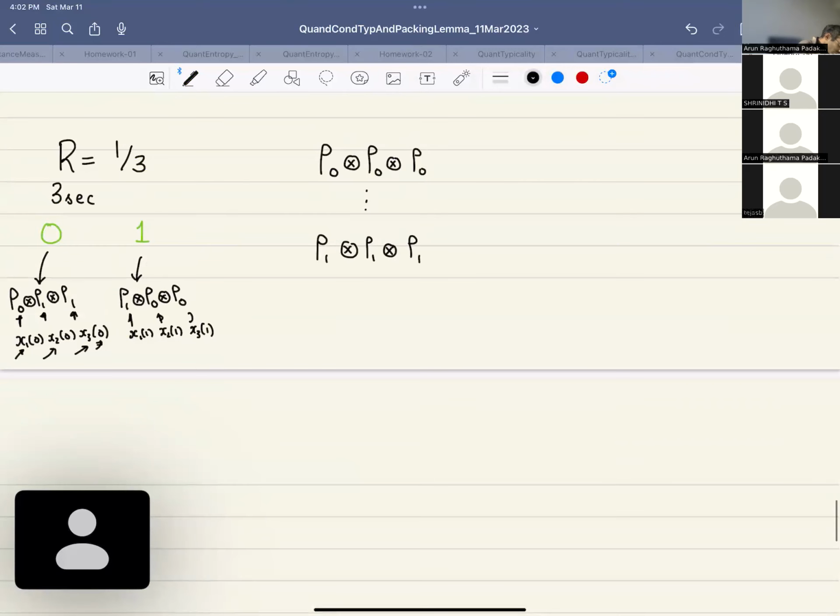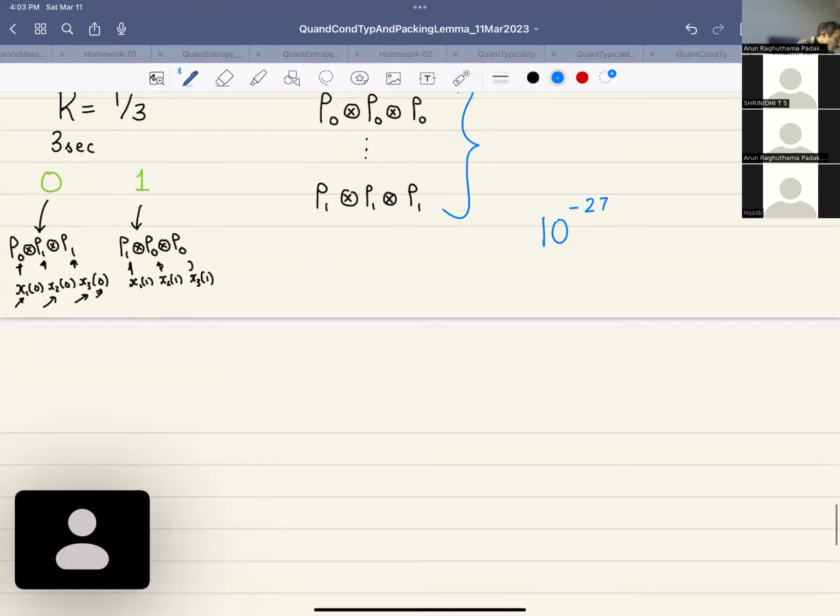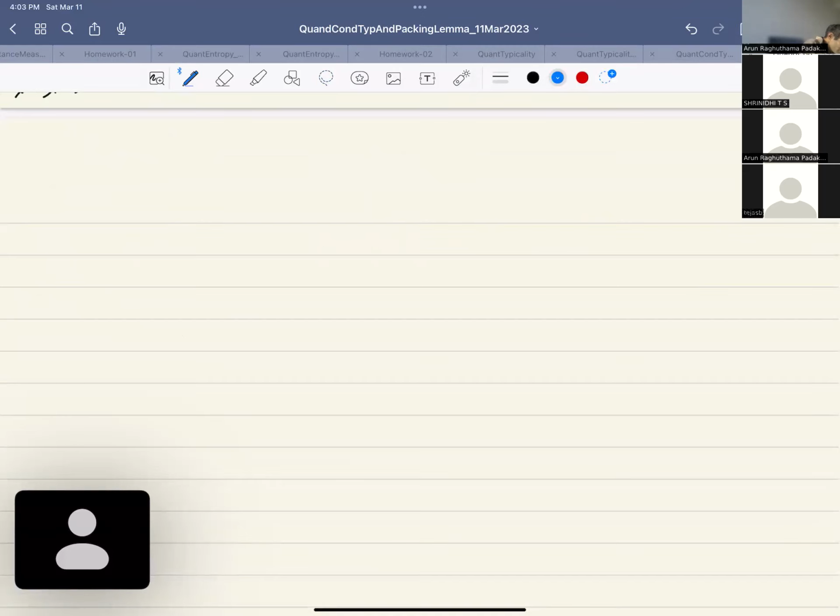Now, it is not in general possible to identify 2 states out of these 8 states that are distinguishable with probability of error at most 10 power minus 27. So what do we do? We wait for a longer period of time. Let's say we wait for 45 seconds. If we wait for 45 seconds, the number of possible information bit combinations she has to design quantum states for is 2 power 15, right? Yes.